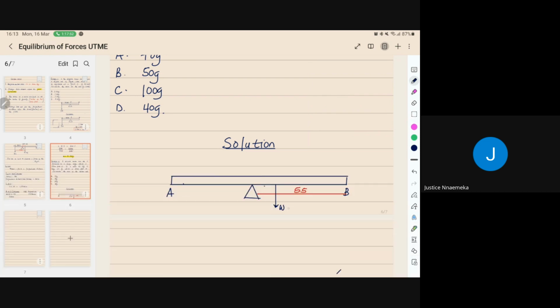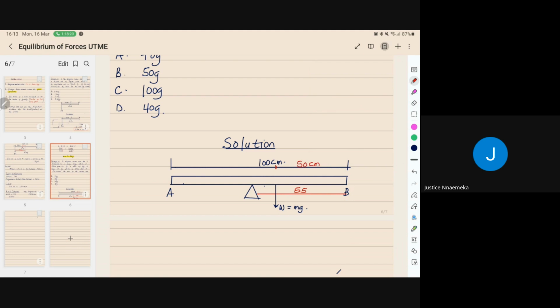Remember that the entire length of the object from here to here is 100 centimeter, but at the midpoint, it's going to give us 50 right there.